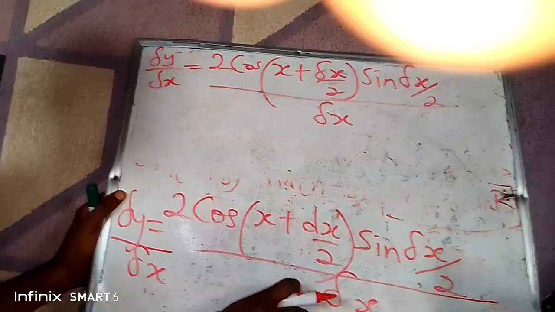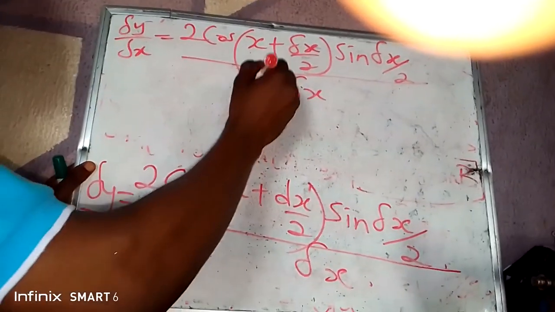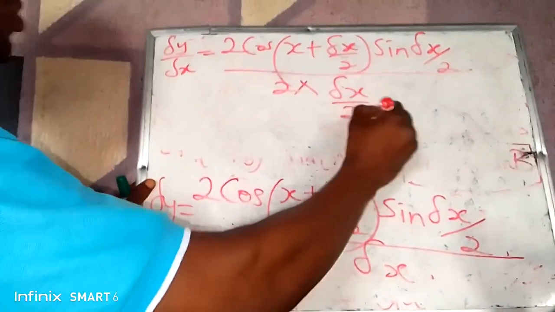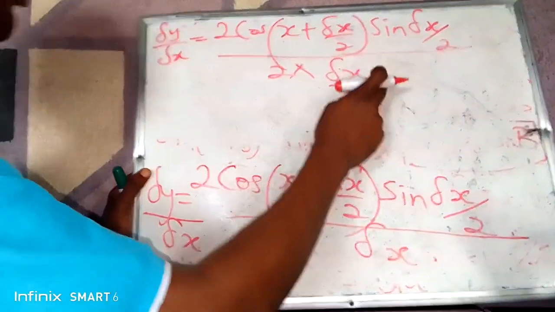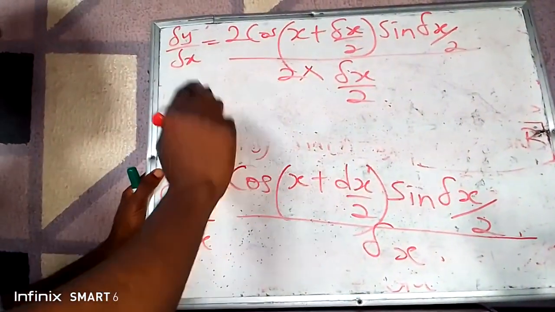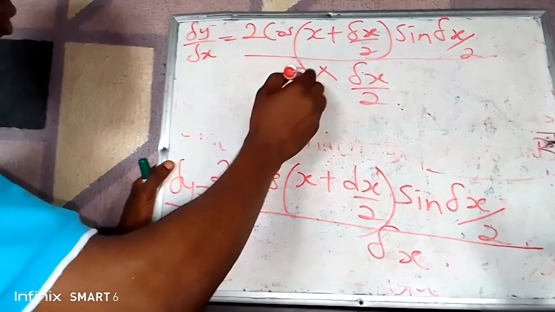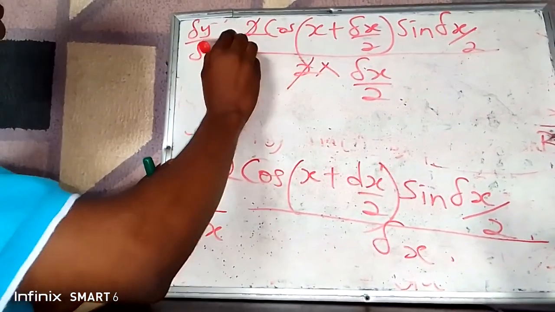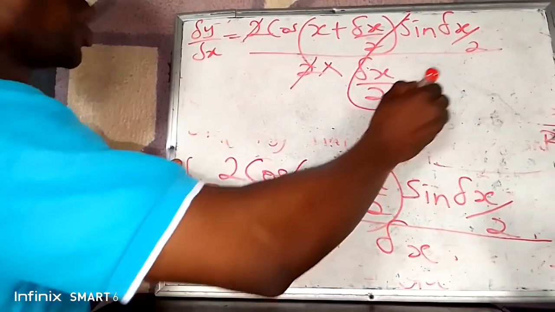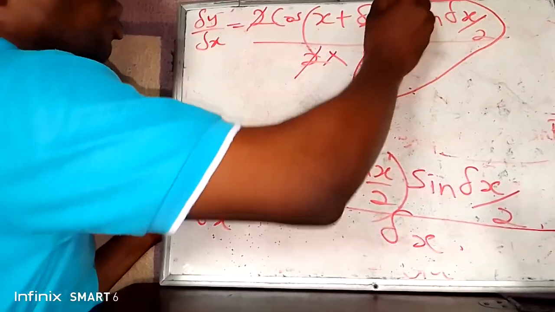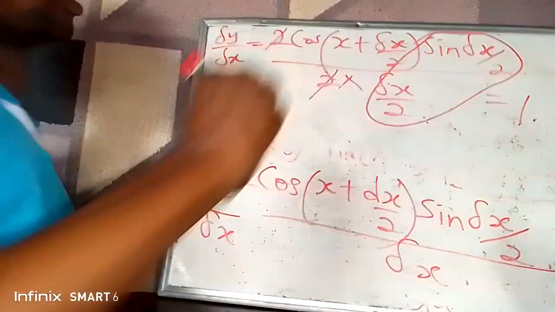See what I want to do with this dx? I'll just say times 2 all over 2. This is still the same thing, but this 2 will cancel this 2 and it's going to remain dx. Now sin dx all over 2 and dx all over 2, this thing equals 1.